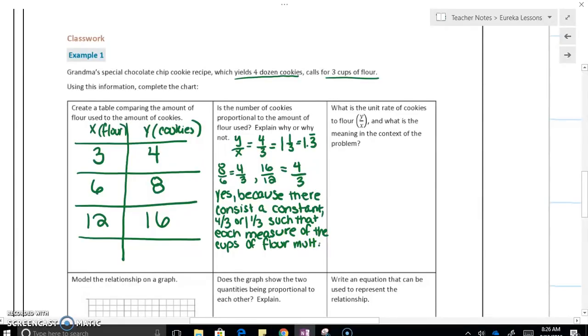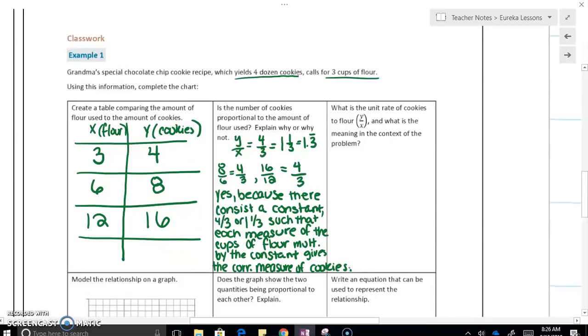I'm going to abbreviate that for space purposes. Corresponding measure of cookies. It's going to kind of cross over into the second box.